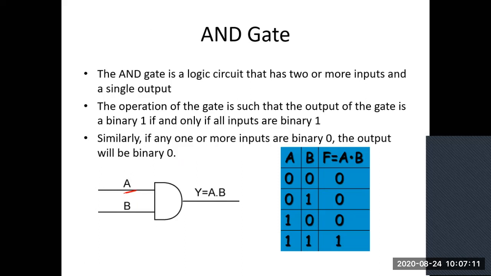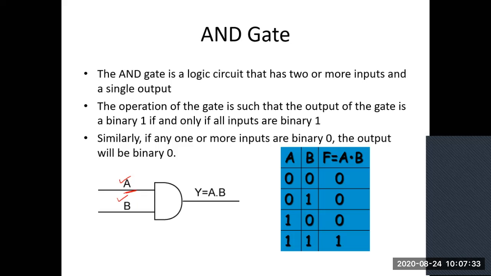The same thing is there in the AND gate also. In the AND gate, your expression is A dot B, and your inputs are A and B. This is the function Y in terms of AB. Whenever you write a truth table, you can see all combinations of input: 0 0, 0 1, 1 0, 1 1.